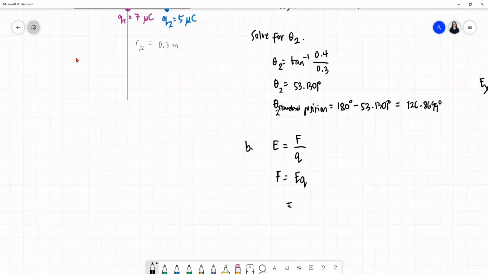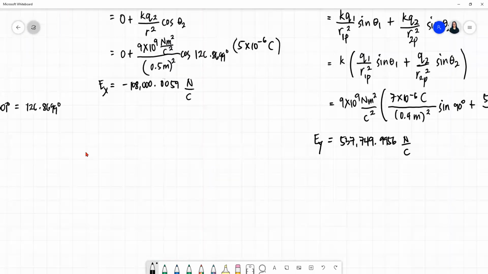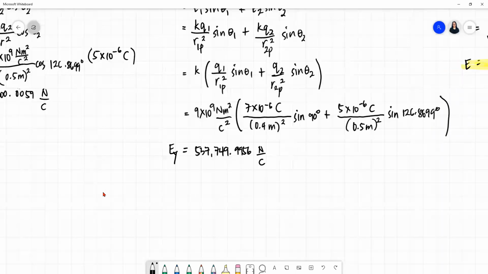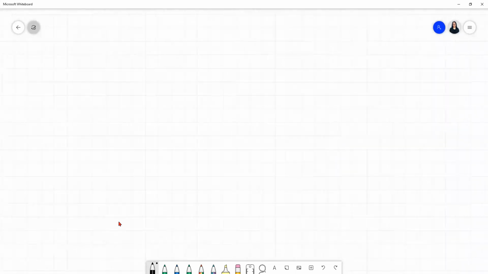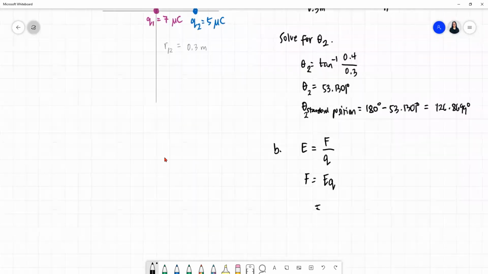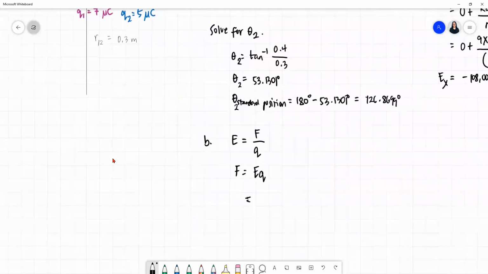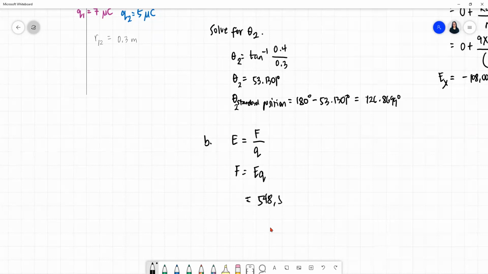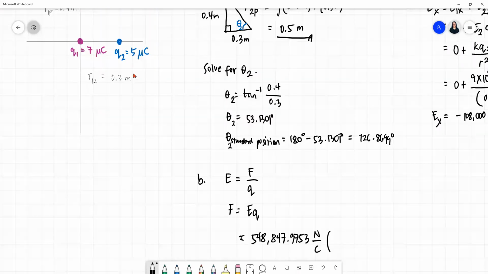we're going to multiply that with the computed value of E, which is 548,487.9753 newtons per coulomb, multiplied by the charge, which is 2 times 10 raised to negative 8.